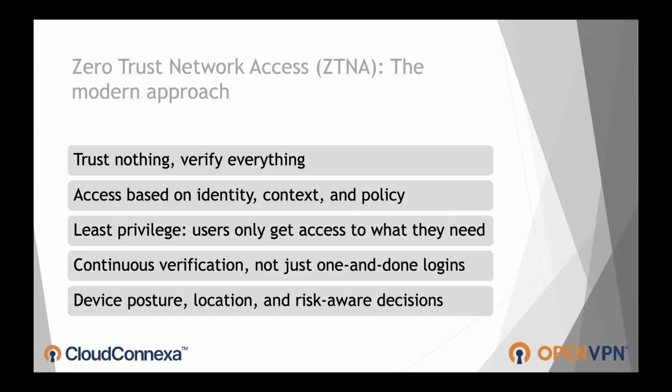And the other thing is this verification process needs to be continuous and needs to take as many things as you possibly can into the decision making when applications are being accessed.